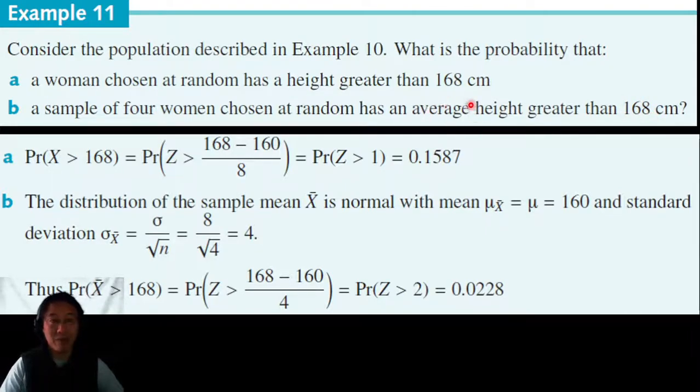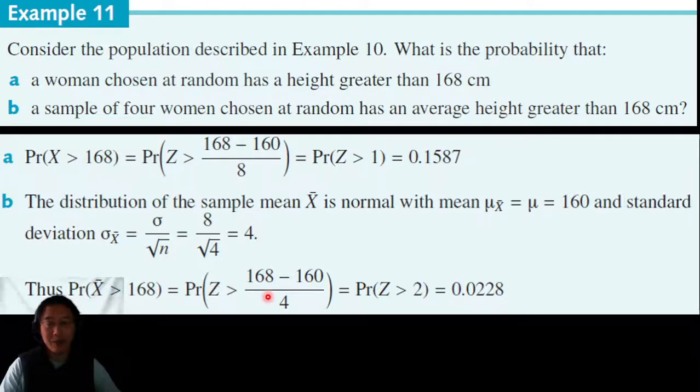So this average relates to the sample mean. We have a sample size of 4. So what we need to do is determine the new distribution of that sample mean. We'll have the same mean or expected value. That new standard deviation will be sigma over root n, where n is 4. So now we want the probability of the average height being greater than 168.